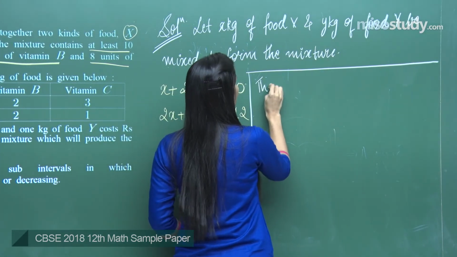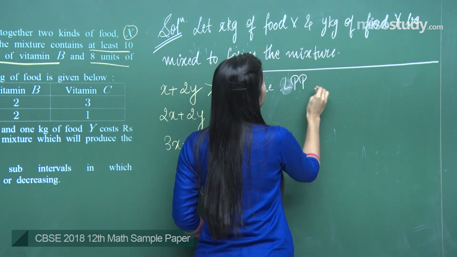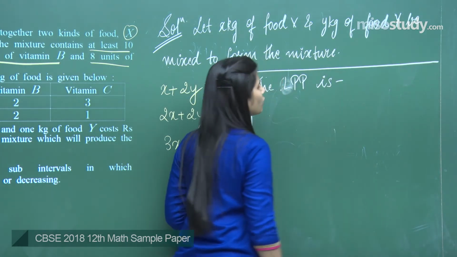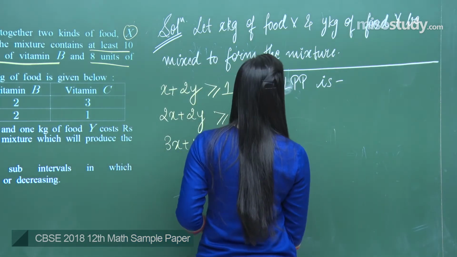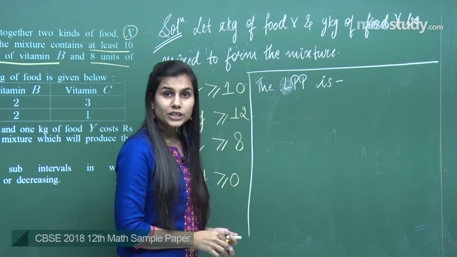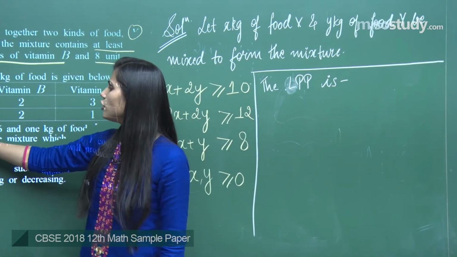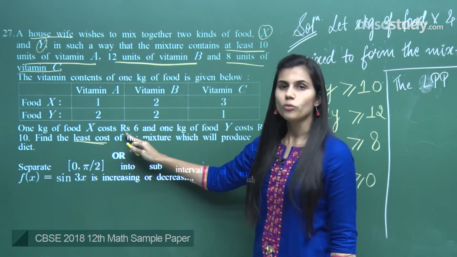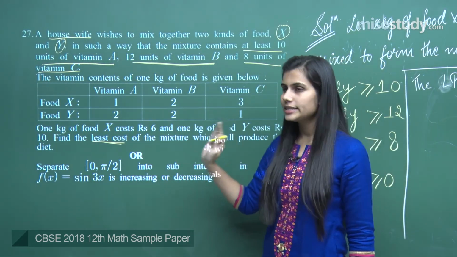So, the linear programming problem is what? Before that, in order to get this particular linear programming problem, I need to focus on the amount. Here it is written 1 kg of food X costs rupees 6 and 1 kg of food Y costs rupees 10.